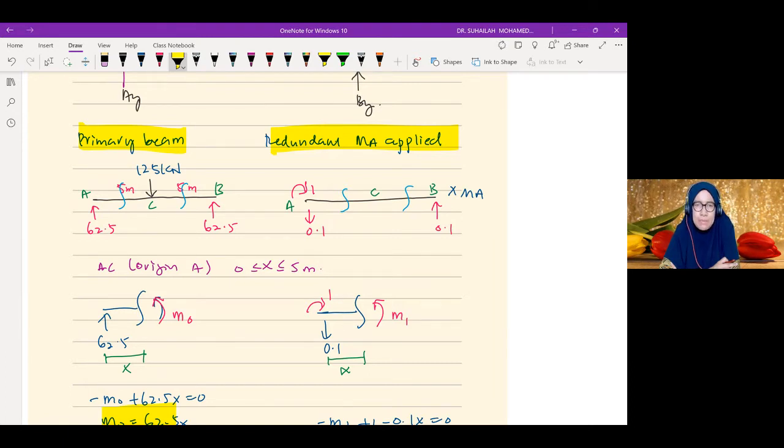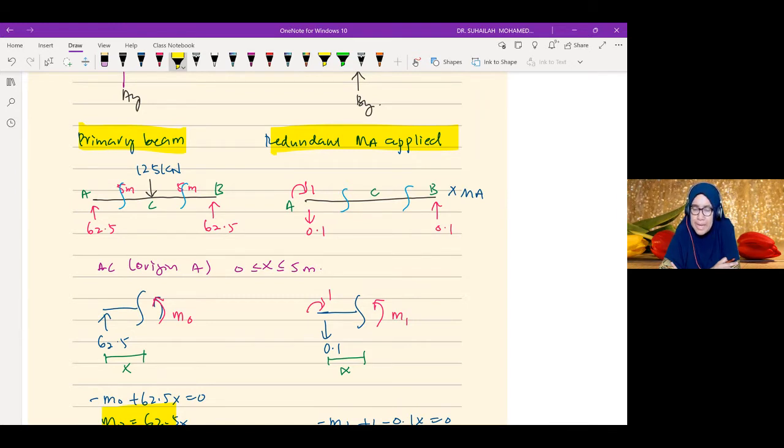The primary beam is subjected to a point load of 125 kilonewton at the center of the beam. Due to that, we get AY and BY equal to 62.5, because it is subjected at the center and this is a simply supported beam. AX is equal to 0.